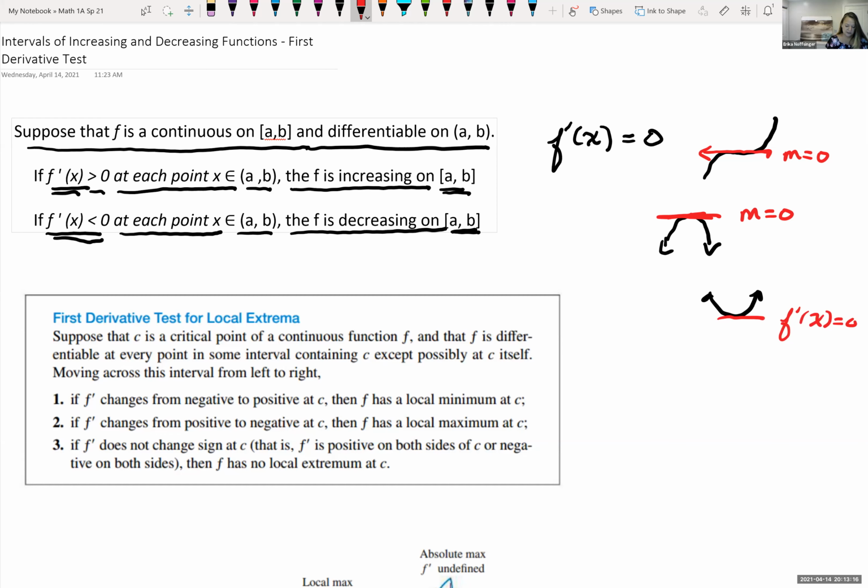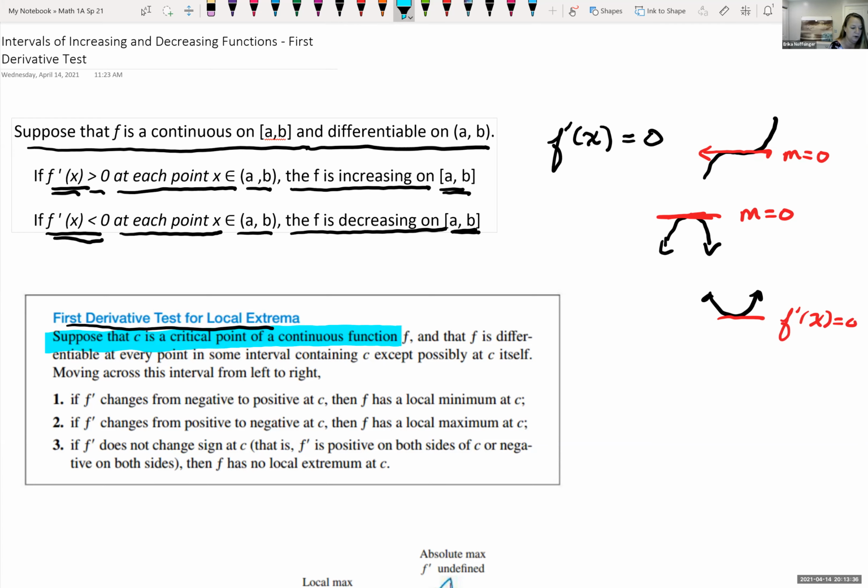So the first derivative test, basically to use this first derivative test and to find our local extrema, local max and local mins, we want to do the following. We want to suppose that c is a critical point of a continuous function.